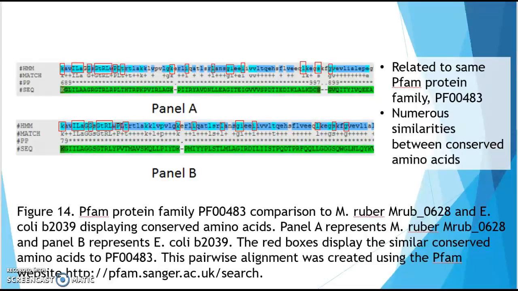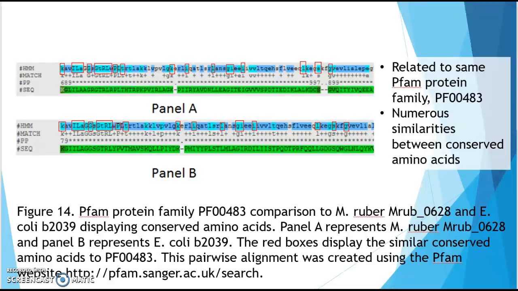The red boxes are the similarity between M. ruber and E. coli. So as you can see, there is a lot of similarity between the protein family as well as the M. ruber and E. coli amino acid sequences.